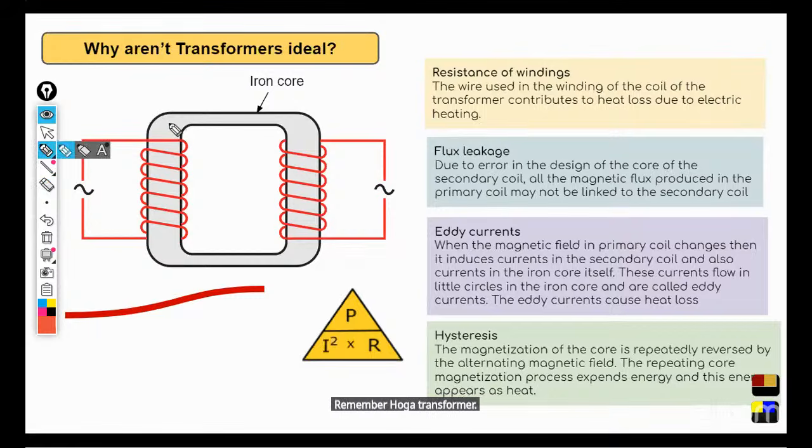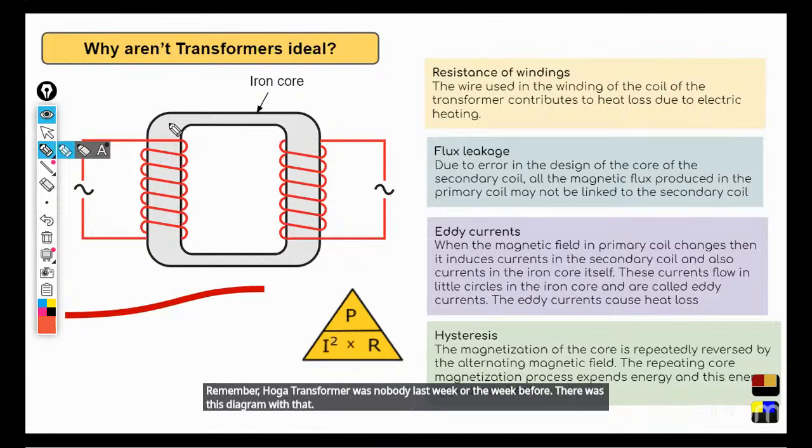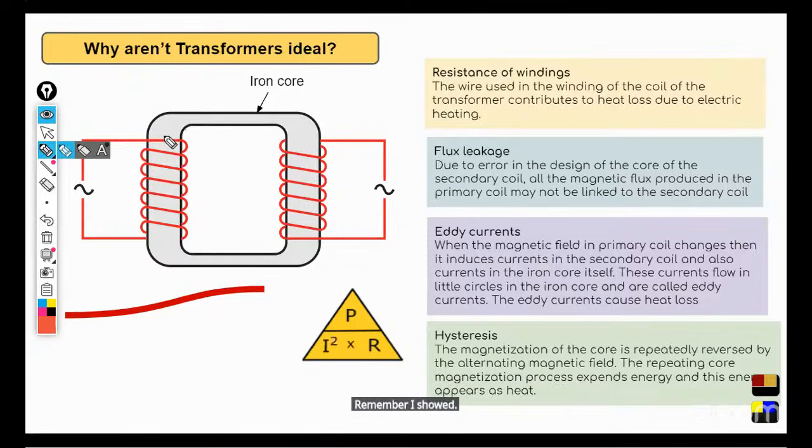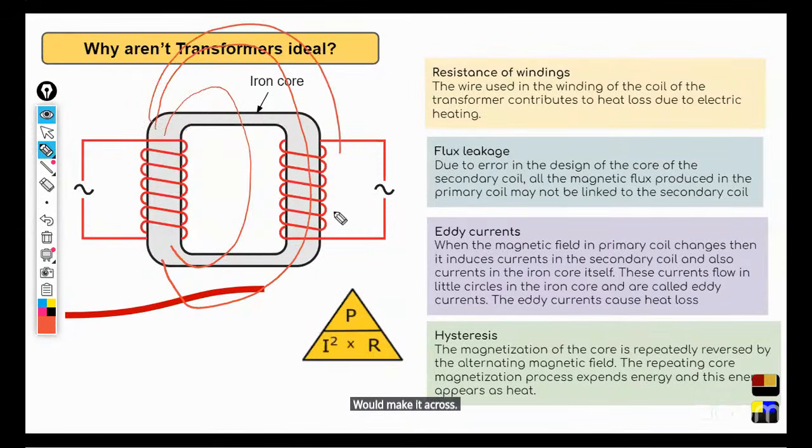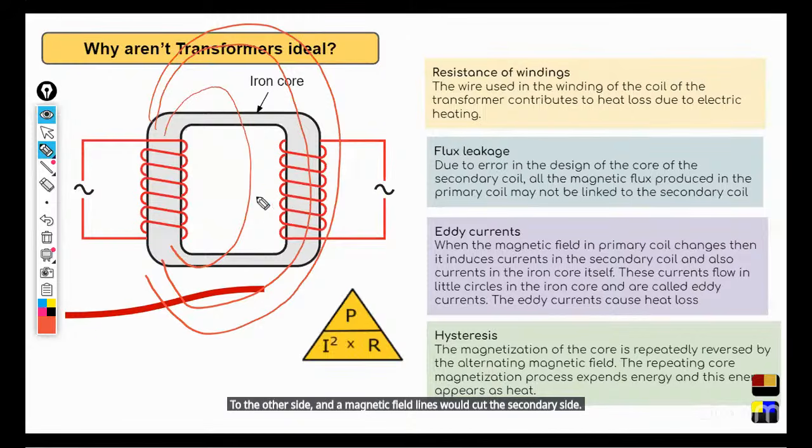Remember last week or the week before, there was this diagram with a donkey, and we were executing the donkey because he did some kind of crime. I showed you that magnetic field lines from this side would make it across to the other side, and the magnetic field lines would cut the secondary side to induce a voltage and a current on the secondary side.